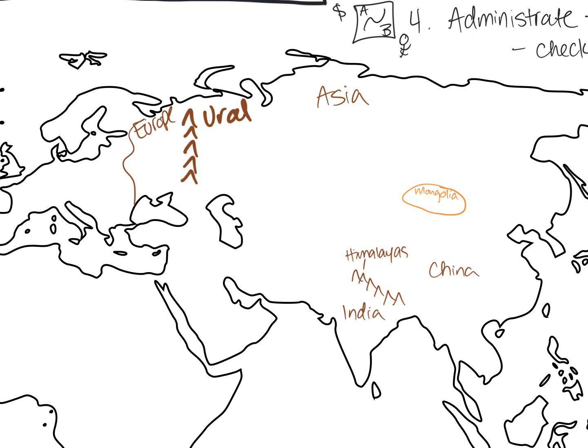Label the country Mongolia, but the desert is in the southern part of Mongolia and the northern part of China, along the border between the two countries. This is the Gobi Desert. The Gobi Desert is the division between Mongolia and China.